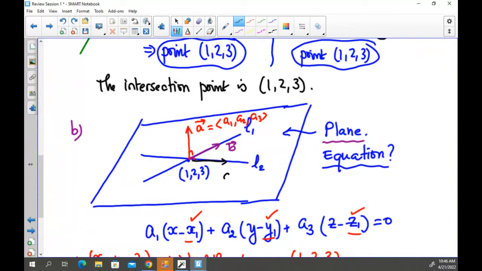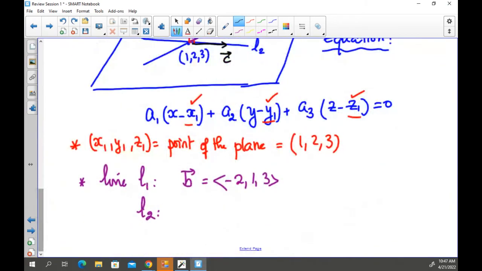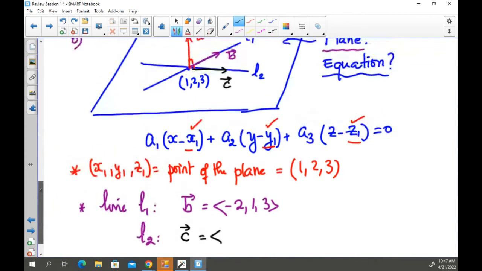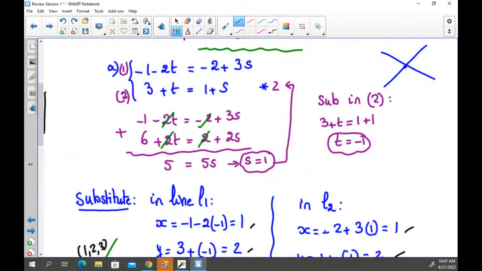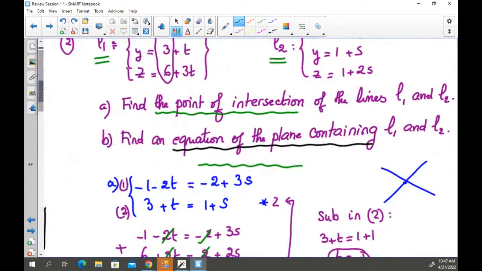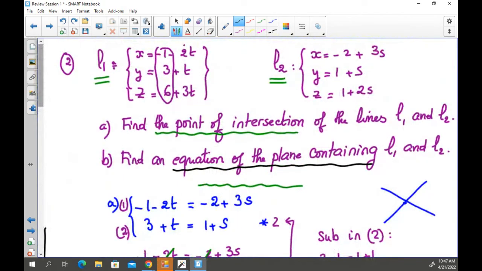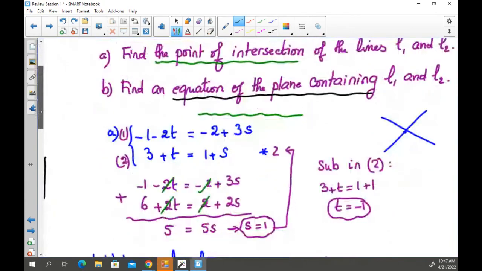Let's call it C. What is the vector direction for the line L2? Can you see? For the line L2, it's in which direction? 3, 1, 2. Yes, 3, 1, 2.